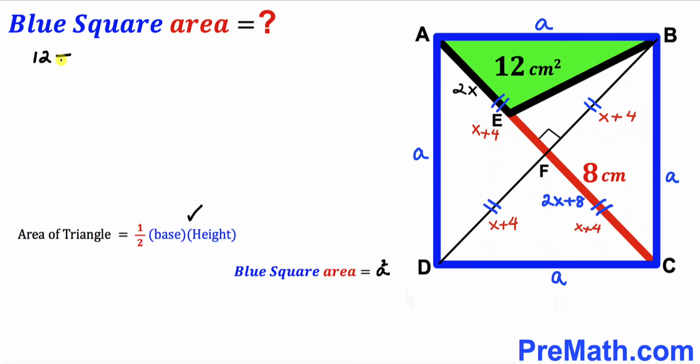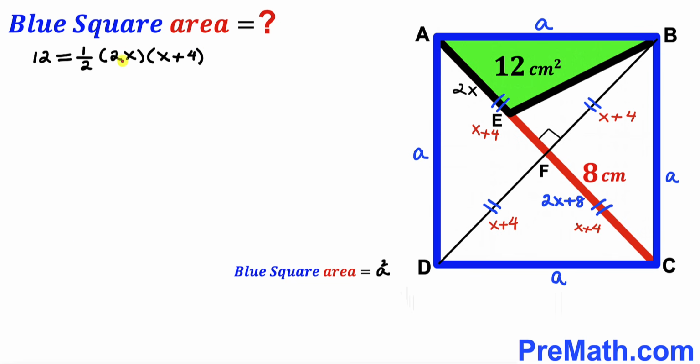For this green shaded triangle, the area equals a half times our base, which is 2 times x, times our height, which is x plus 4. Now we can see the 2 and the 1 divided by 2 cancel each other out. Now I'm going to distribute x over here.